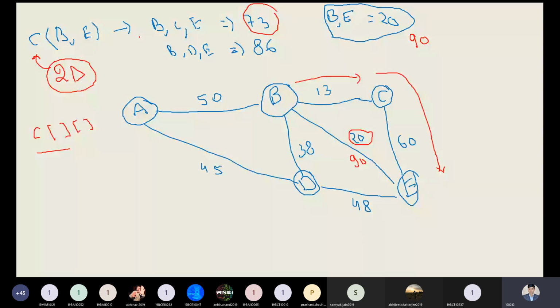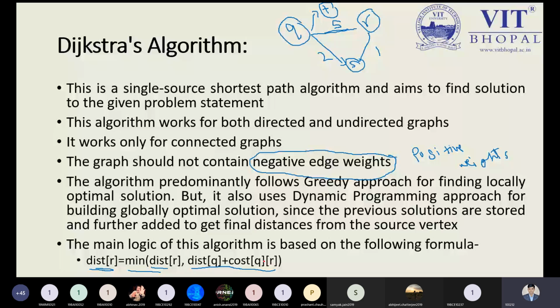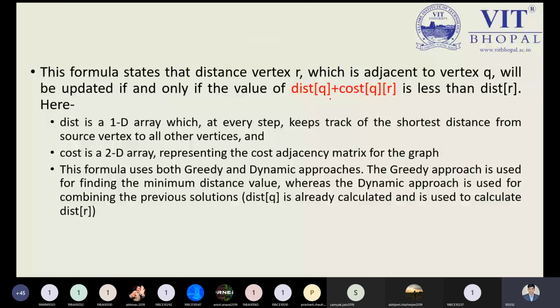Now shall I move ahead from this slide? Yes, sir. Okay. Now the formula states that the distance of vertex R, which is adjacent to vertex Q, will be updated if and only if the value distance Q plus cost QR is less than this value.